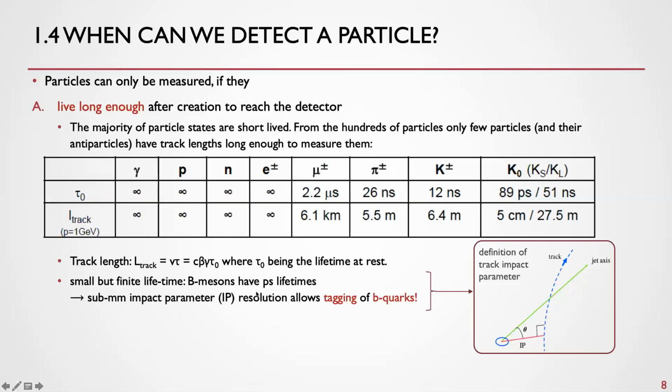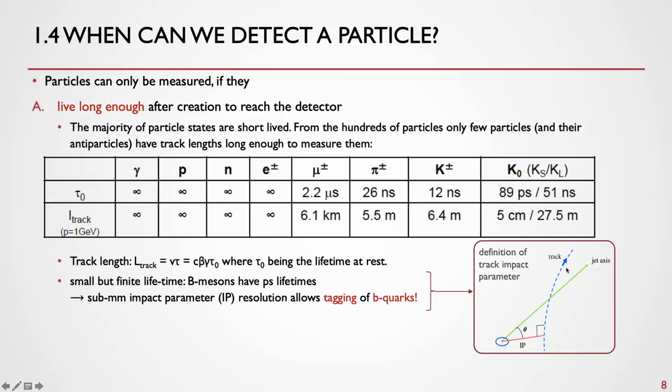Now let me tell you two things. First is the definition of the track impact parameter. Say you have a jet axis here, so this is the average momentum axis of a bundle of particles, and then you have a candidate track. The impact parameter is defined as the distance of closest approach.